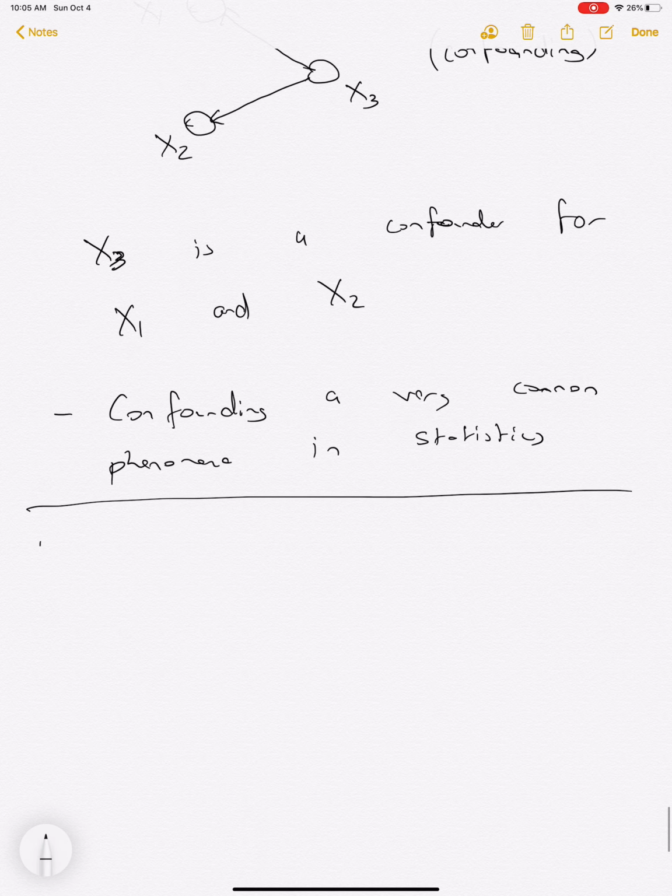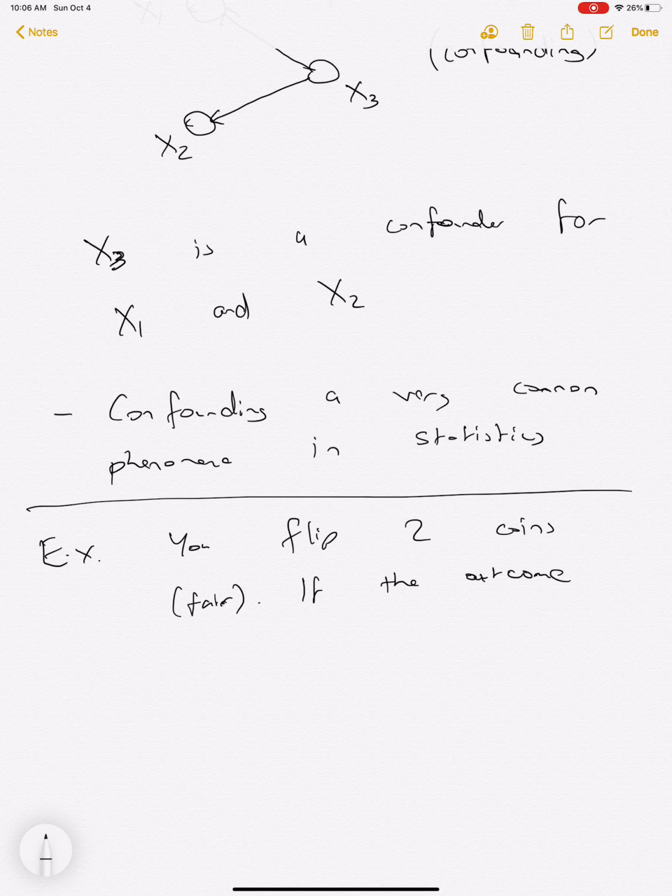Let's go through a second example, and this is again an example from the first lecture. You flip 2 coins, and they're fair coins. If the outcome of the coins is the same, you ring a bell.